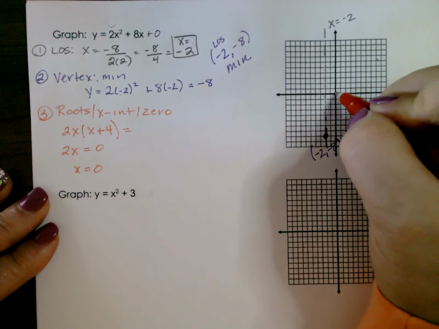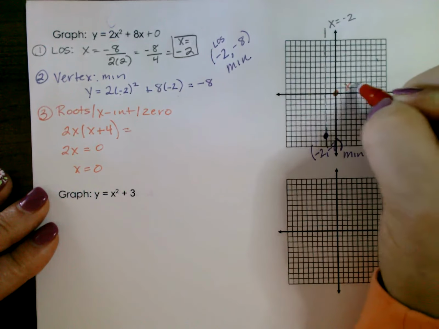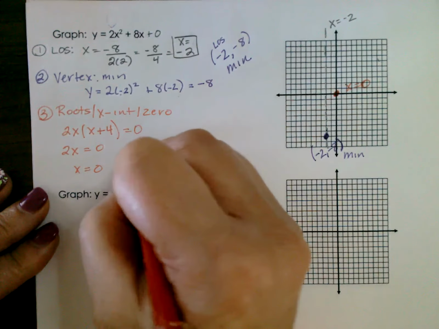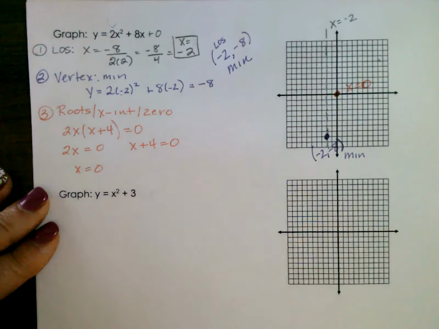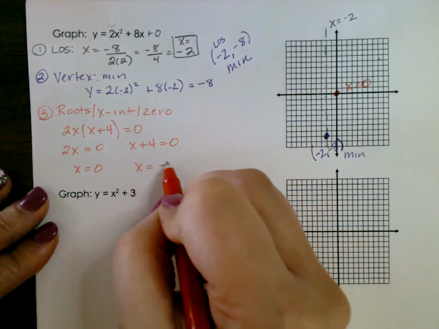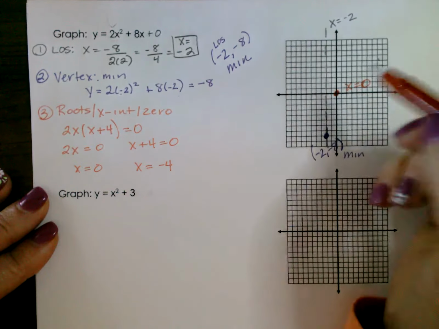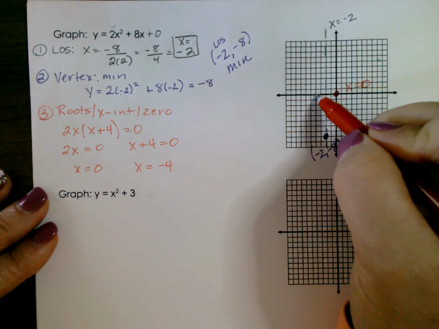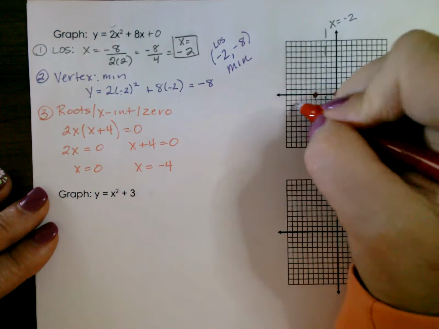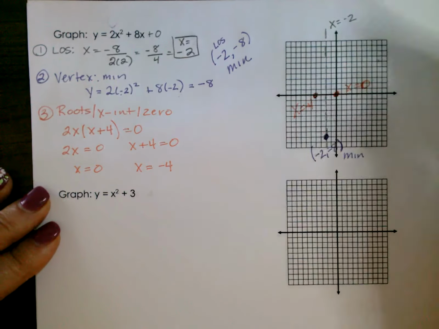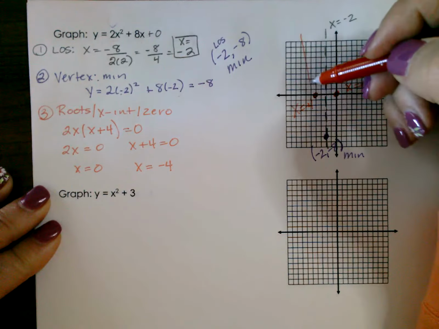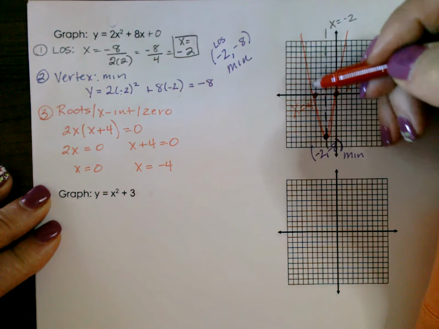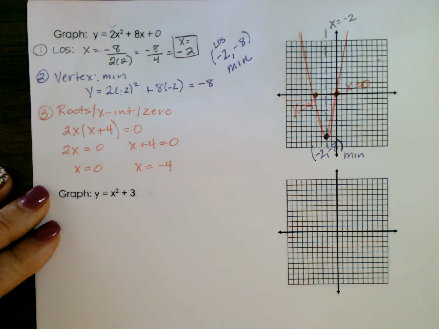One of my roots is right here at the origin, where x equals 0. Then I will set x plus 4 equal to 0 and x equals -4, which makes sense because this is 2 to the right, 2 to the left. And doing the best I can, I have my parabola.